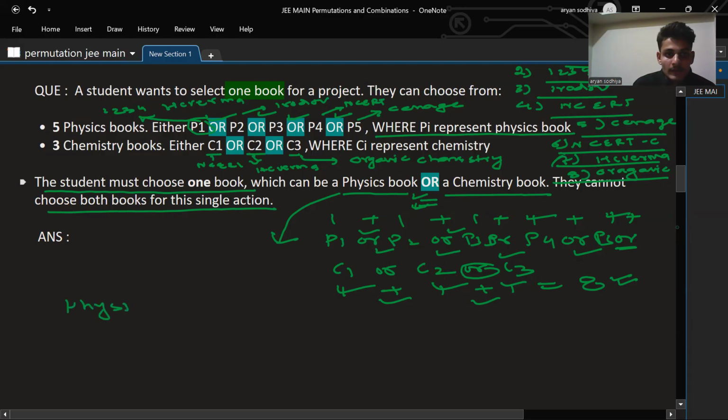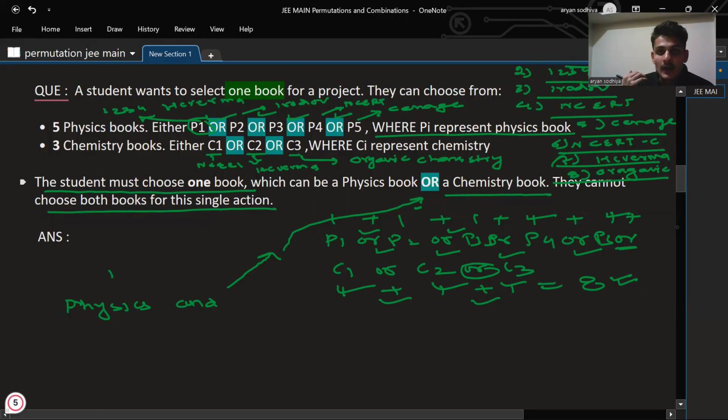Like if I say I need to select one physics book and, in place of this "or", if "and" is there. A slight change in the keyword, "or" to "and", changes the whole scenario in permutation and combination. So that's why I'm repeating again and again.